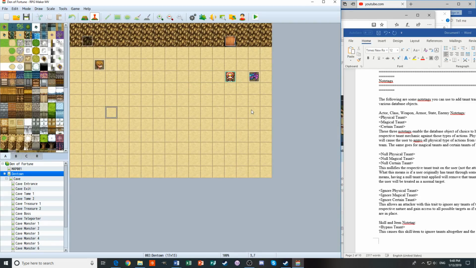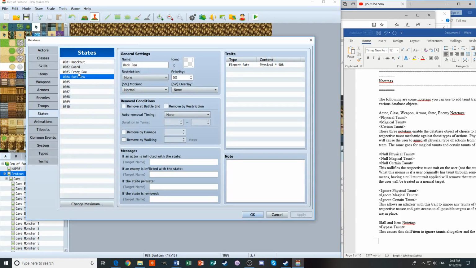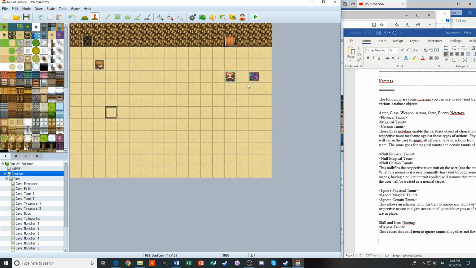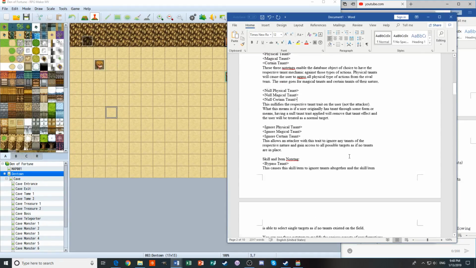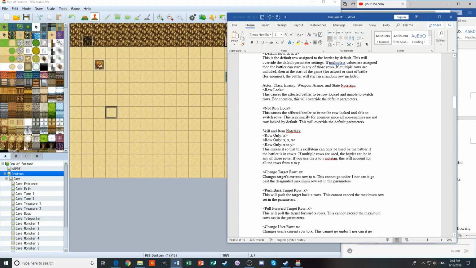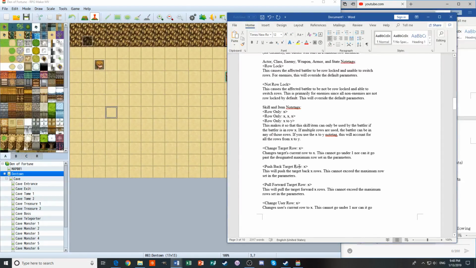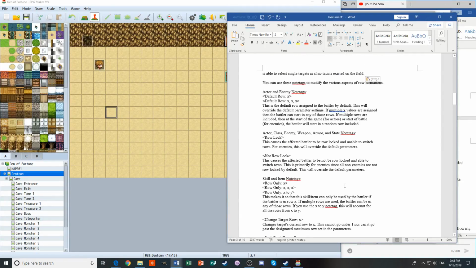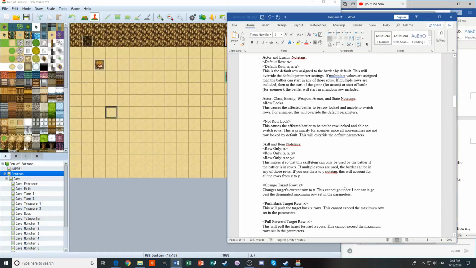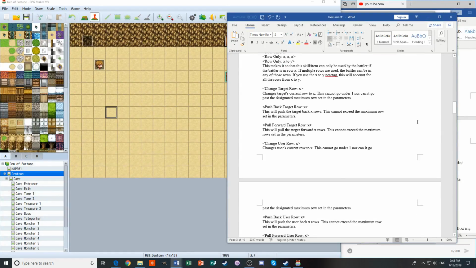Well, what I would actually kind of like to have happen is if everybody in the front row is unconscious, the people in the back row are now considered to be in the front row. So using physical taunt, I can sort of mimic that in a sense. I guess I could have a script that changes their row. So if the people at the front get knocked out, then they would move forward.